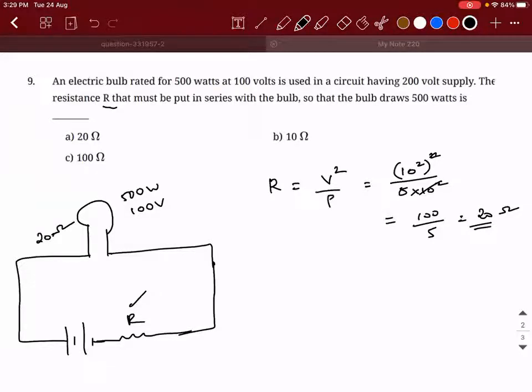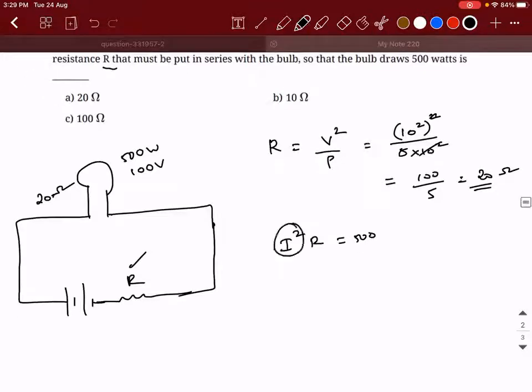Then we can find the current flowing through it because both will be having the same current. So I found it from P equals I square R with resistance and power, I found I passing through the bulb. Okay, how much is the value of I? I square R equal to 500, sir. You want to use I square R is equal to 500.